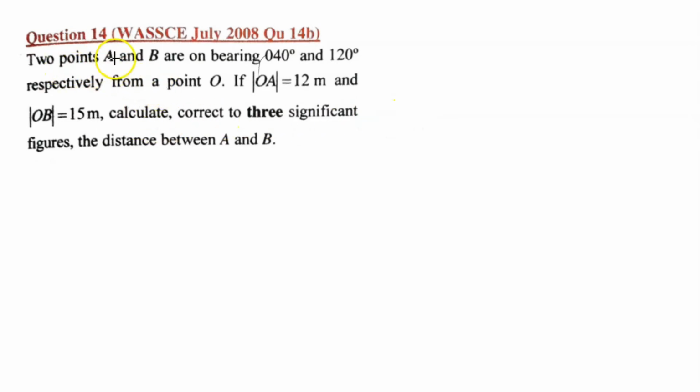We are told that 2 points A and B are on the bearing 040 degrees and 120 degrees respectively from the point O. Let us show our point O. So let me have my cardinal points drawn and label the location as O. And hence, the bearing to A is 040 degrees, which will lie in the first quadrant. So 040 degrees may find itself here.